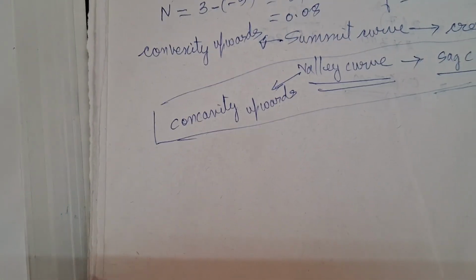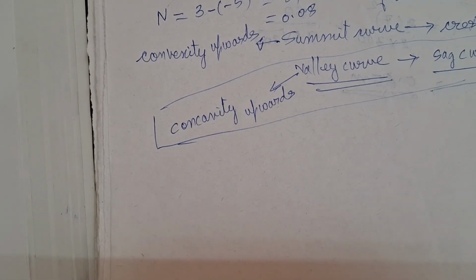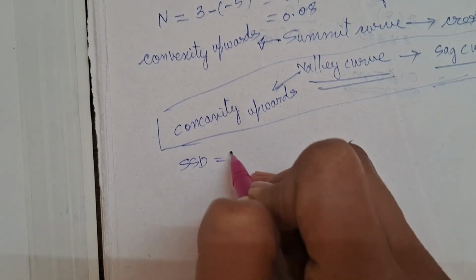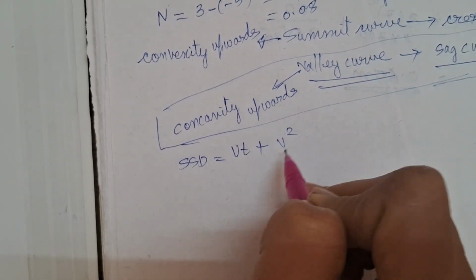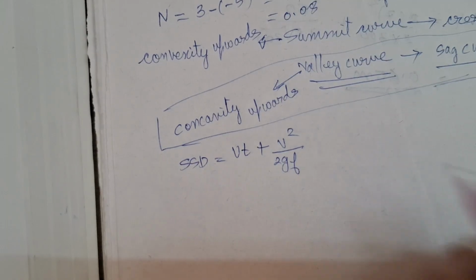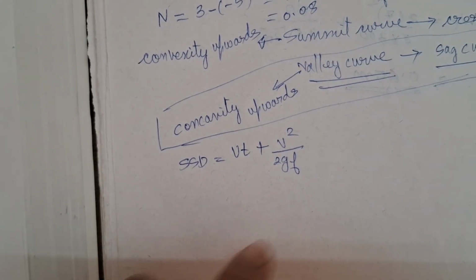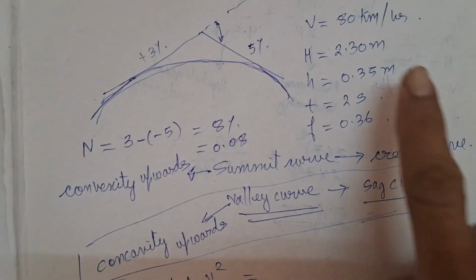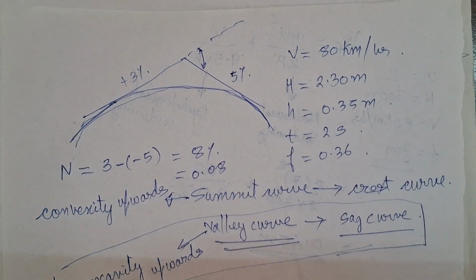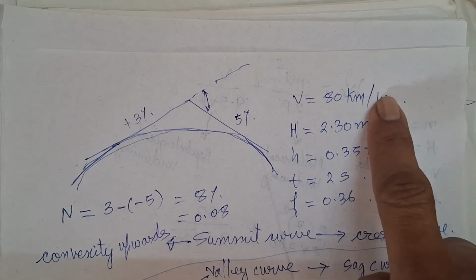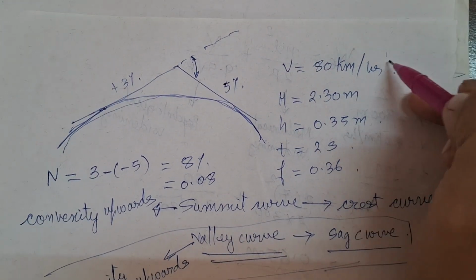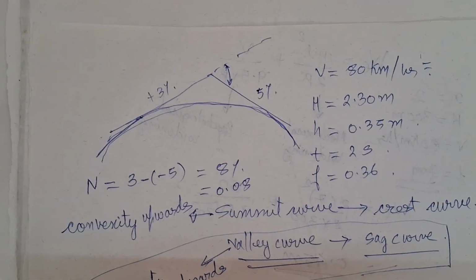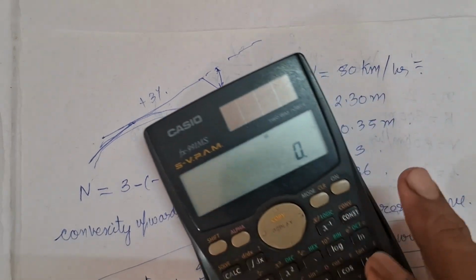Now I will apply the formula of stopping sight distance. SSD is equal to Vt plus V square by 2gf. I have to convert the velocity given as 80 km per hour into meter per second.